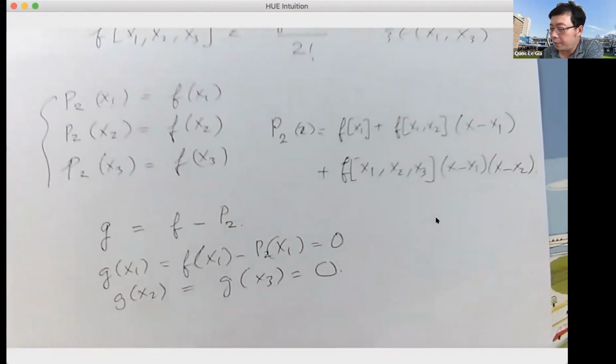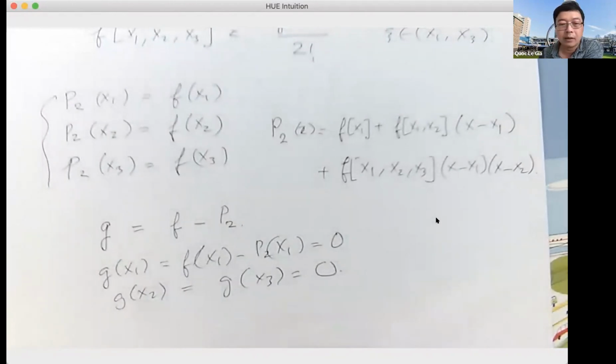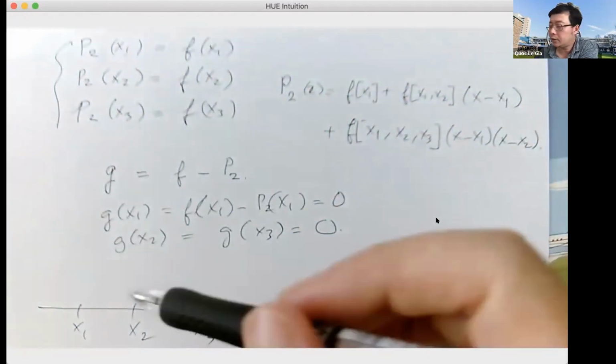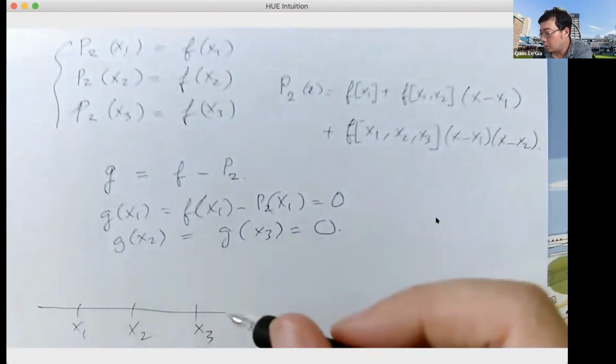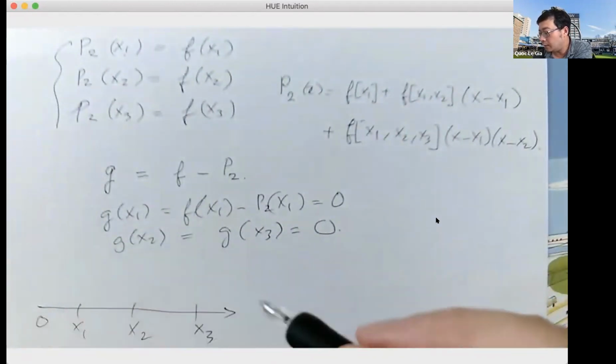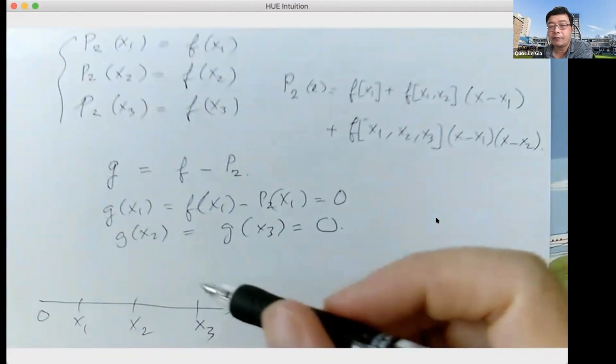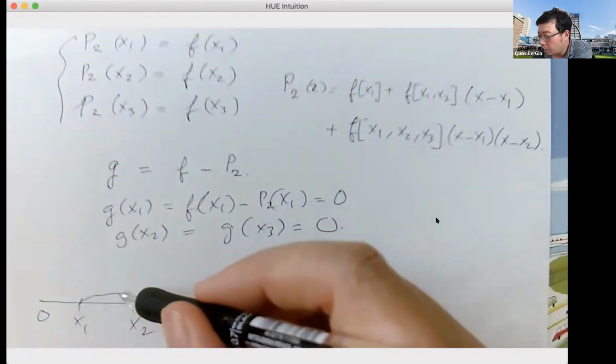So if you have x1, x2, x3 like this, then definitely g will cross through those three points somehow.